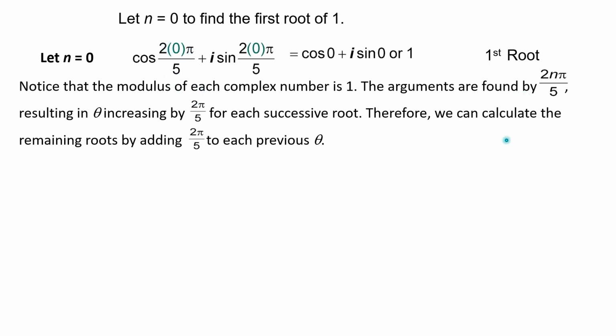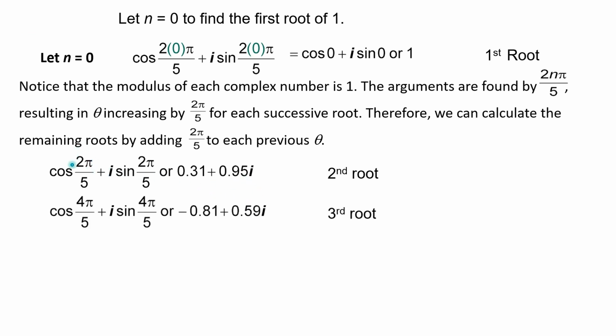So we can calculate the remaining roots by adding 2 pi by 5 to each previous theta. For the second root, we add 2 pi by 5 to 0 and get cos 2 pi by 5 plus i sin 2 pi by 5, which on simplification gives us this value.